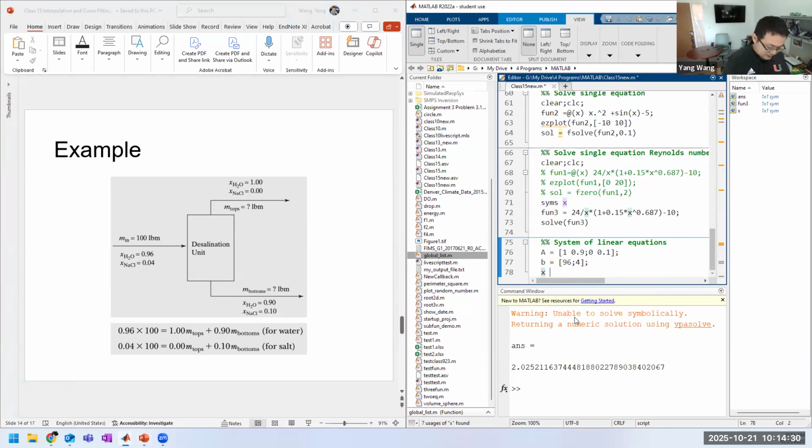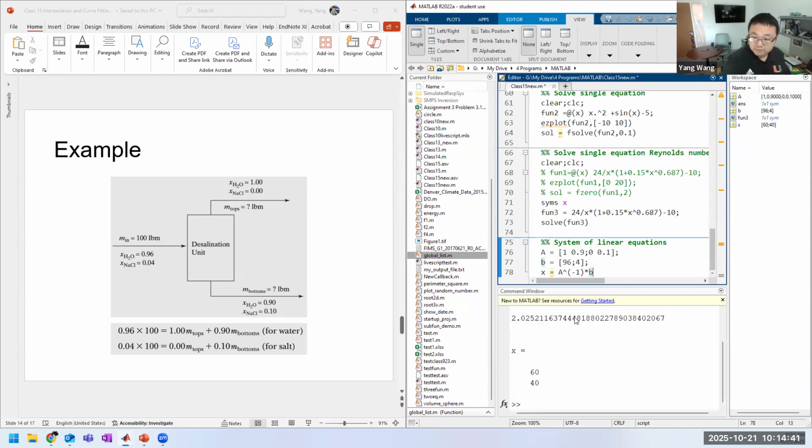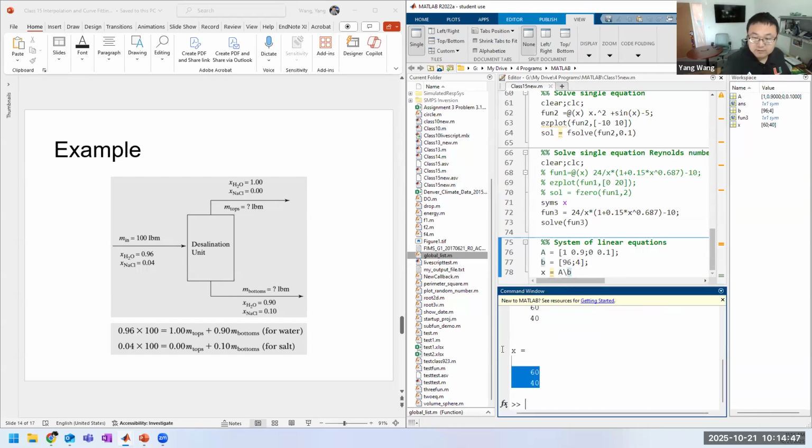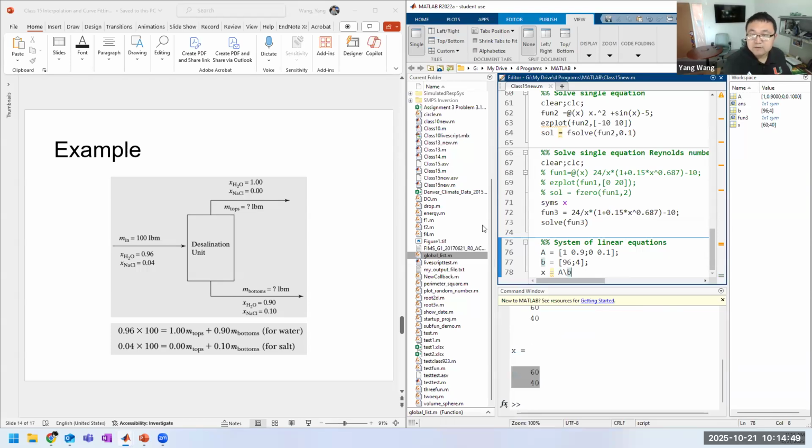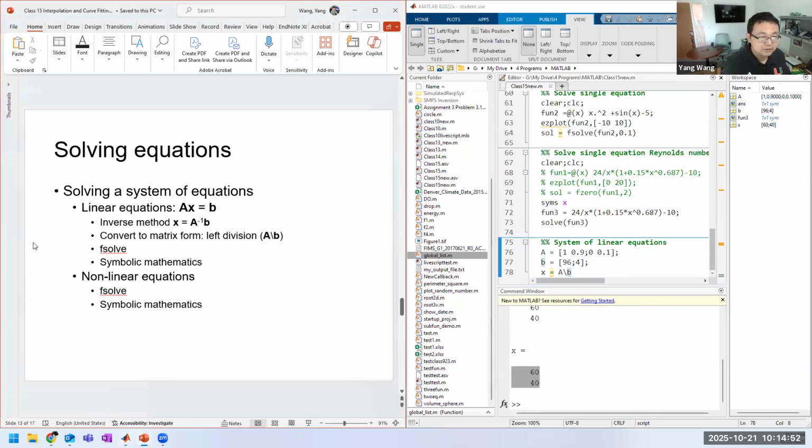So the solution x is just A to the power of -1 multiplied by B, right? So this is the inverse method, okay? So you could also do left division, A backslash B, right? So these are the methods. As we said, you could convert, and we already talked about these two. You could use the fsolve function.